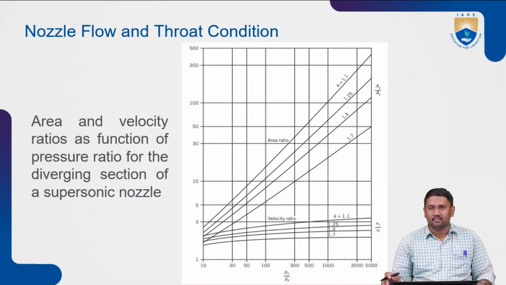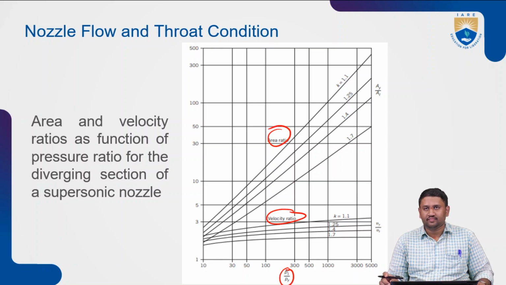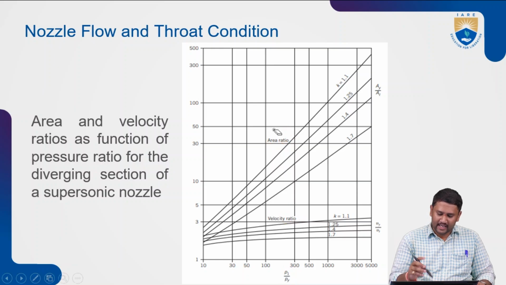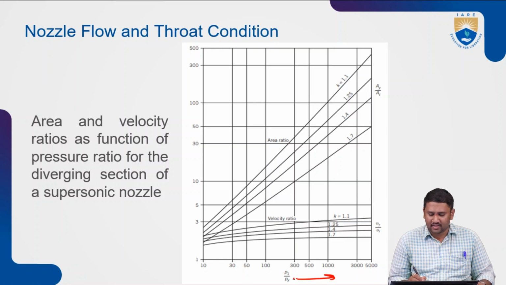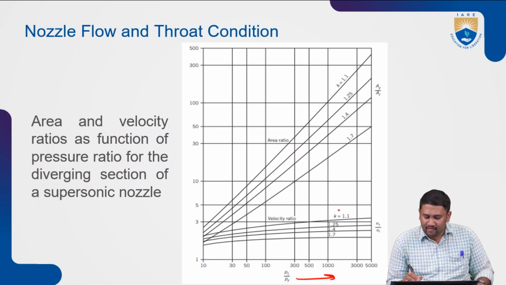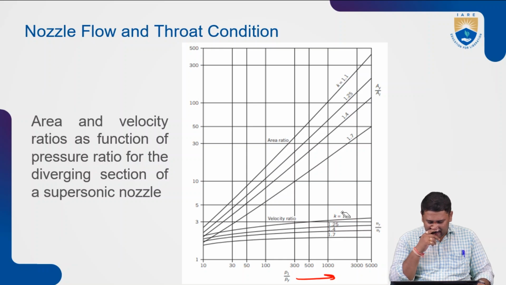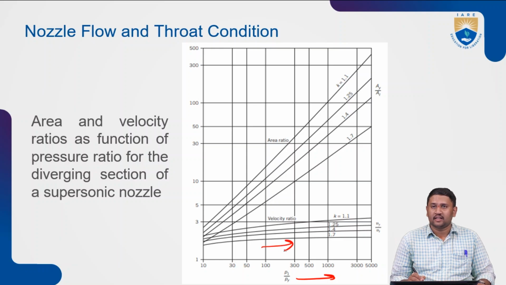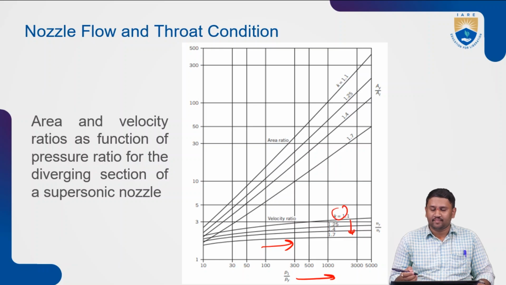And a small plot has been made to understand it further: the velocity ratio, the area ratio, and the pressure ratio, right? For increasing pressure ratio, particularly in the diverging section of a supersonic nozzle, for a value of k of 1.4, in what way it changes, we'll discuss. Particularly the velocity ratio goes on increasing for lesser values of k, right?